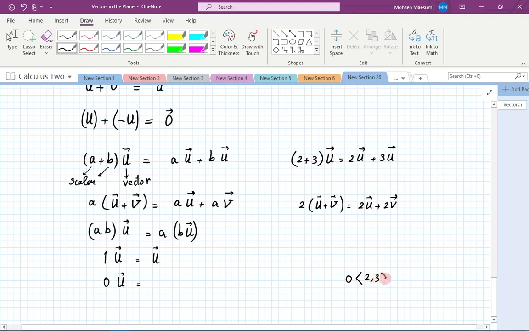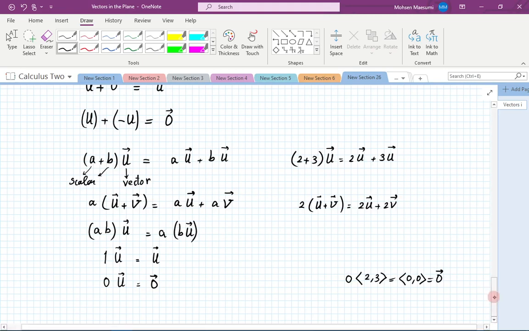Well, of course, I get 0, 0, which is my zero vector. This one gets to be proven and demonstrated, even though it looks rather trivial, and in your future classes you're going to actually prove that. Okay, these are some of the standard properties that come naturally, and you're not going to spend much time on it.